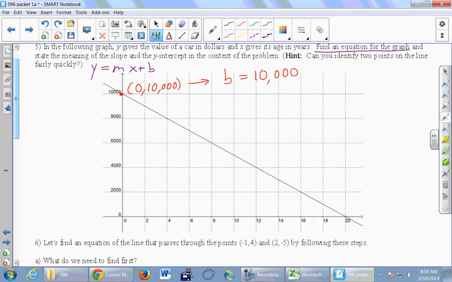We need the slope. So how do we calculate a slope? Well, we got to do the change in y over change in x. It's something that we did a bunch last class. So you pick any 2 points that are on the graph that you want. So we could use 0, 10,000, and this guy over here, 20, 0, or any other point that's on the graph. I'll use this guy right here. What is that, 4, 8,000?